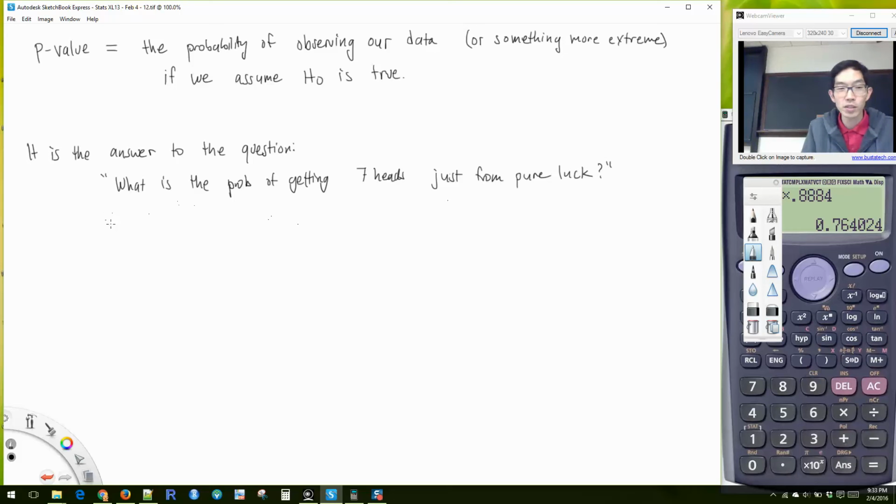Okay? Because in our case, the null hypothesis is probability of heads is equal to 0.5. Anything different from that is from luck alone, or random chance.